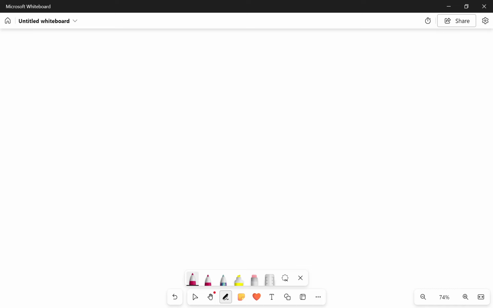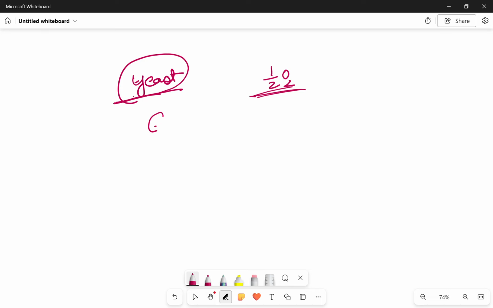In anaerobic respiration like in yeast cells, in the absence of oxygen, what is the final electron acceptor? In aerobic respiration, half molecule of oxygen is the final electron acceptor, we know. In yeast, what is the final electron acceptor?